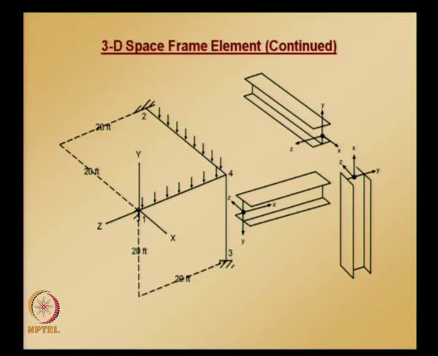Similarly, for element 3, which is connecting nodes 3 and 4, the orientation angle is 1.5 times pi, that is 3 pi by 2 radians or 270 degrees.